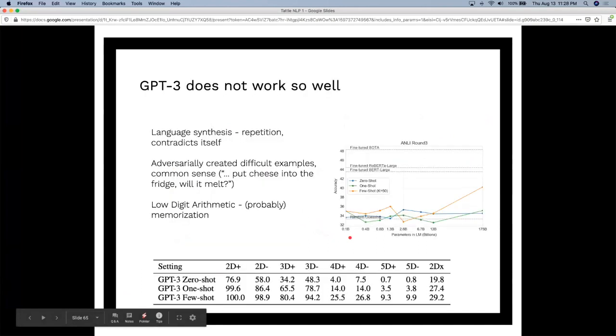The other quote unquote minor takeaway. The reason I say minor is because they do hide certain things under the rug, that it does not work so well for certain tasks. For example, language synthesis. If you look at the examples that people posted, there are two groups of people for GPT. You either hate it or you love it.